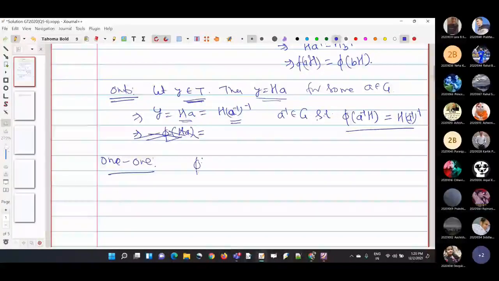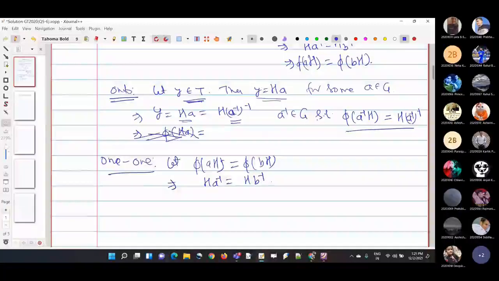So let phi of aH equals phi of bH. So this implies that by definition, this means that Ha inverse equals Hb inverse.